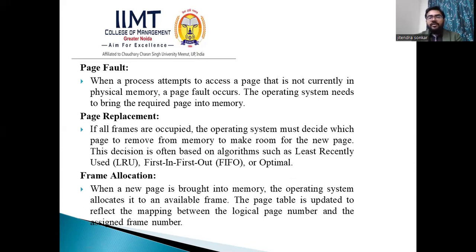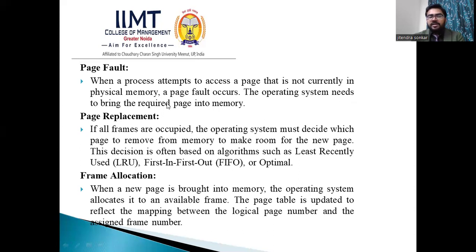Page fault: a page fault occurs when a process attempts to access a page that is not currently in the physical memory. If a process needs to access a page from the main memory and that page is not available in the main memory, a page fault occurs.